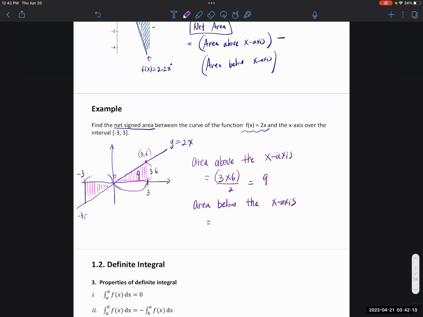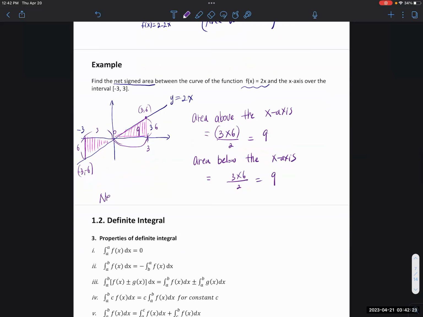This is negative 3 and negative 6. Height is 6, length is 3. So same thing, you have 9. So now you want to find the net area, the total area, which is above area minus below area. 9 minus 9 is 0. So therefore, the net area of this function from negative 3 to 3 is going to be 0, which makes sense.